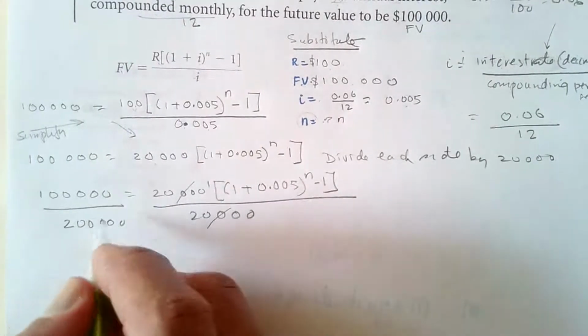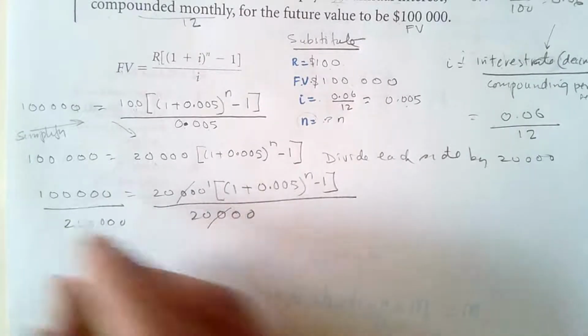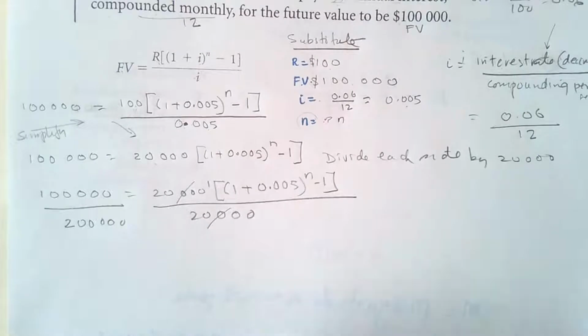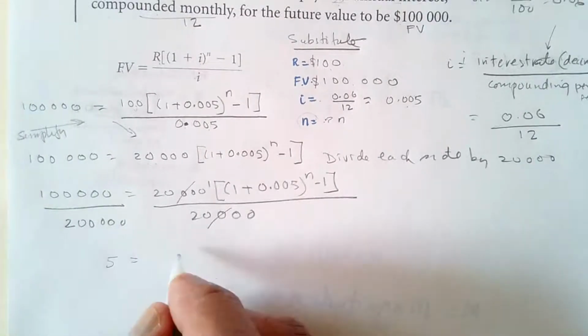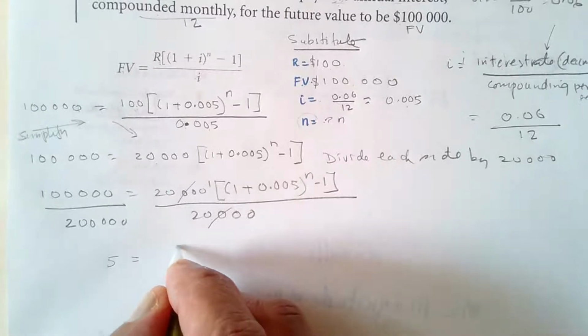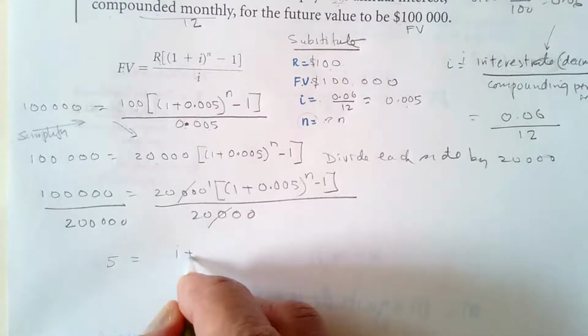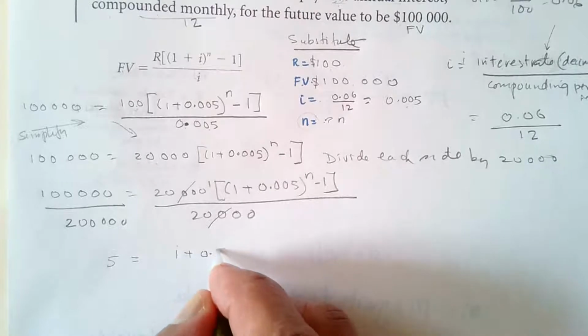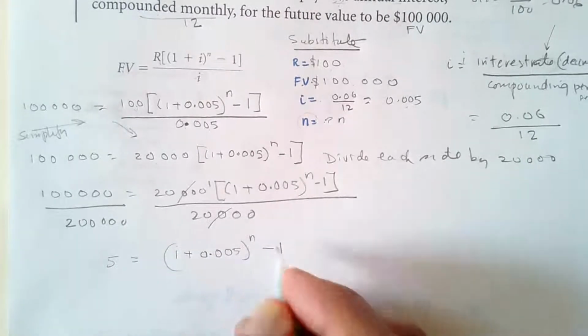This is 1. And this will leave us with 100,000 divided by 25. So we have 5 is equal to 1 plus 0.005 minus 1.